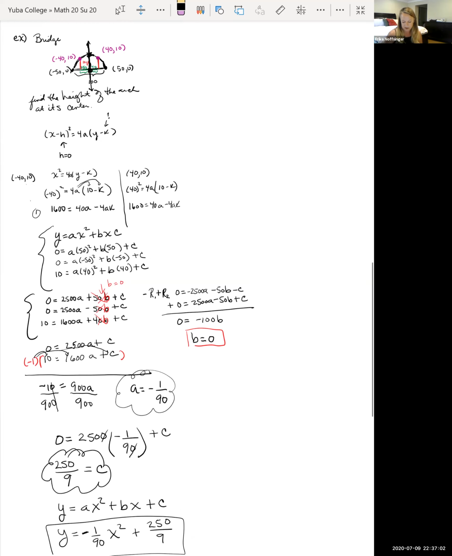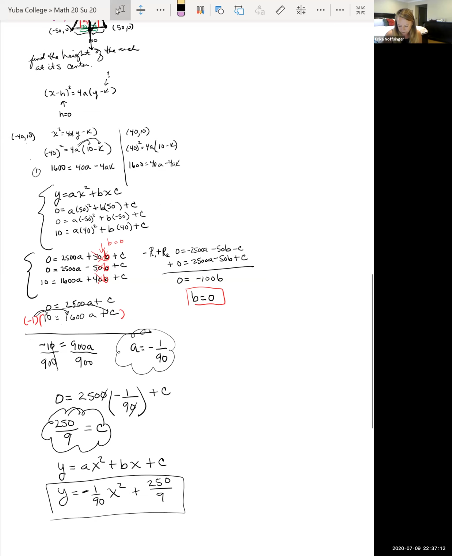And so basically, if I let x equal 0 now, that would give me this height. So if x is 0, then my height is 250 over 9.